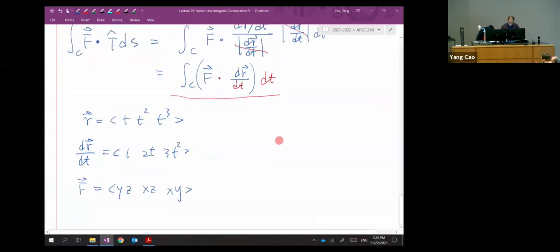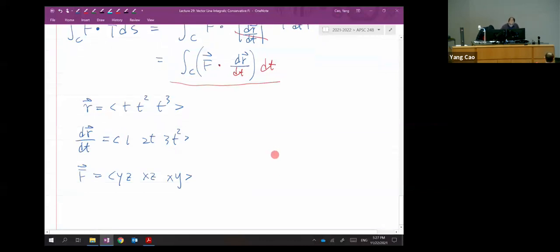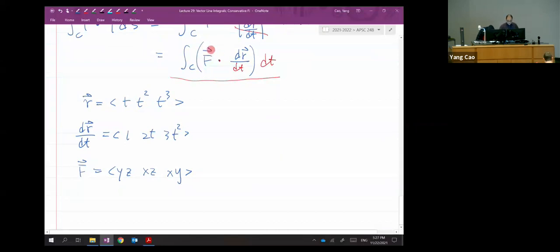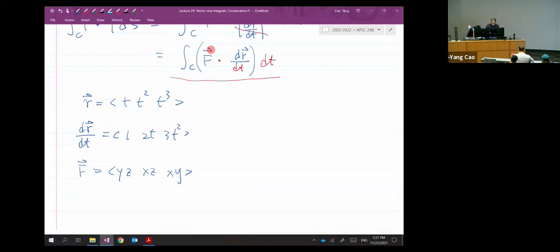The integral here is in terms of t, so you're integrating over t, and also over the curve C. So the range of t will be based on the curve C over here. So what do we do then? F is a vector field, which in principle exists anywhere in 3D space. However, you're integrating only over curve C.